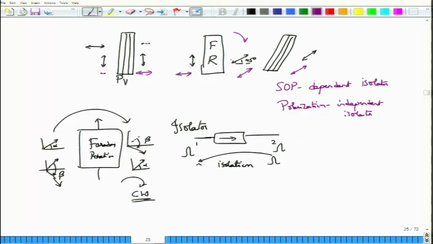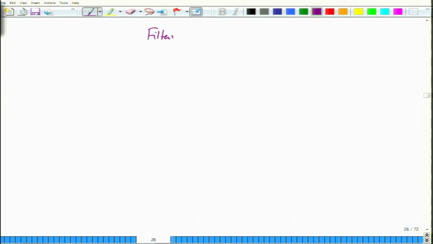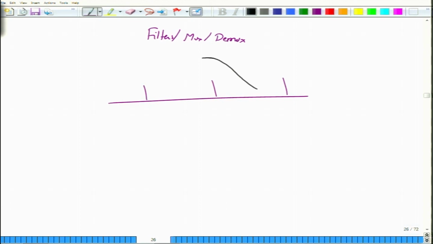We will now move on to another device, which is called a filter. Filters, multiplexers, demultiplexers are all of the same family, but in the WDM scenario where you have multiple channels, a filter is expected to look something like this. This is called the pass band of the filter.